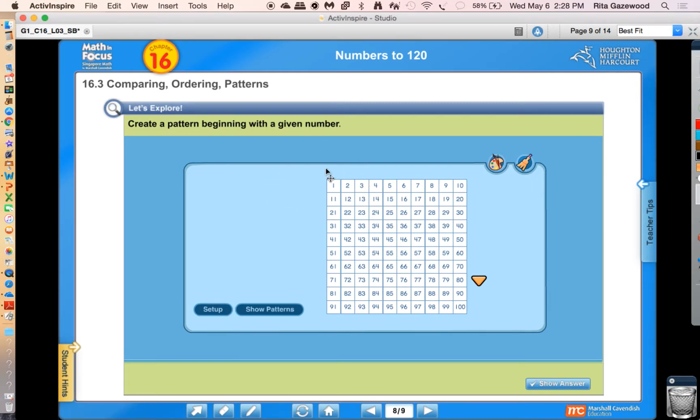So remember, you can start on any number that you want. It doesn't have to be starting on 2. We can start at any number. I'm starting on 45. So if I start on 45 and I'm going to add 2, you count as you go. You say 1, 2, tap, 1, 2, tap, and so on.